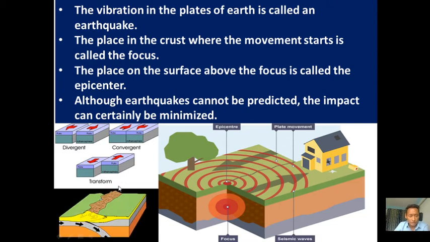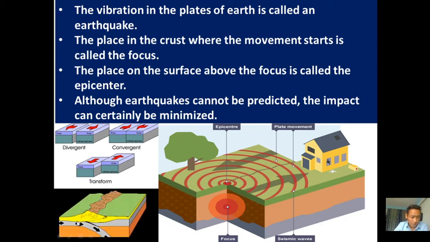When two tectonic plates collide, diverge or transform against one another, it causes vibration. When any of these three tectonic plate movements occurs inside our earth, it causes vibration.